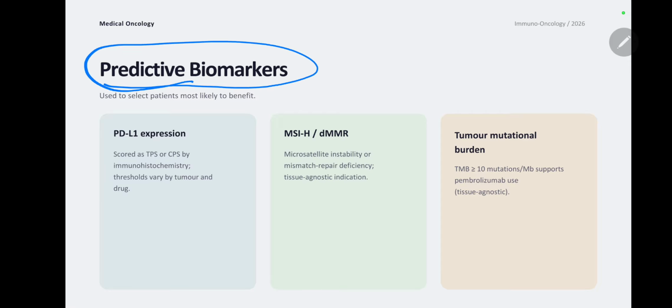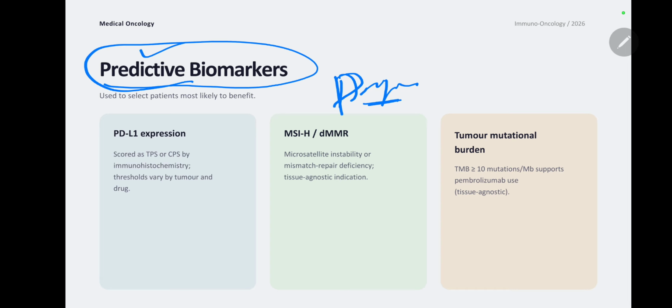There are two types of biomarker. One is the predictive biomarker. Predictive biomarker means a biomarker used for prognosis as well as therapy, and the other is the prognostic biomarker. Prognostic biomarker means that the biomarker shows only prognosis.